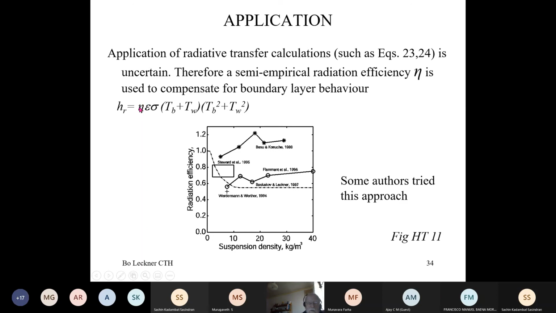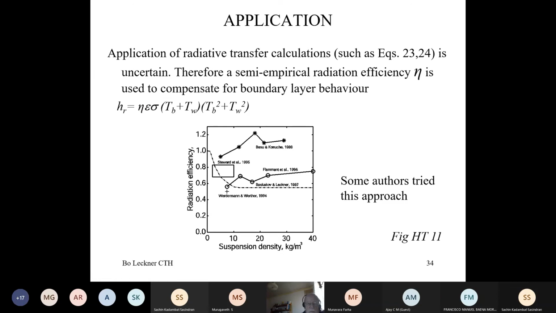efficiency. So this efficiency is one when the radiation can penetrate to the wall without any problem, and when the wall layer is almost absent, such as when the suspension density is low, then this efficiency is 1, because then the whole space takes part.